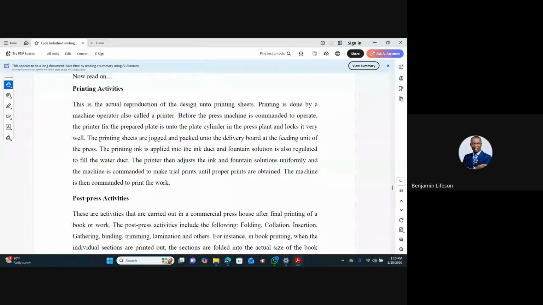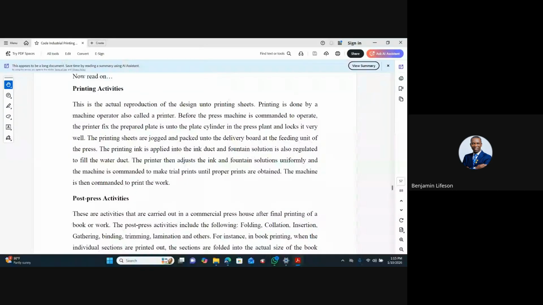All right. So after the pre-press activities are done accurately, there is a need for us to start with the printing, where the production of the design is now done. So we know what goes on in printing.